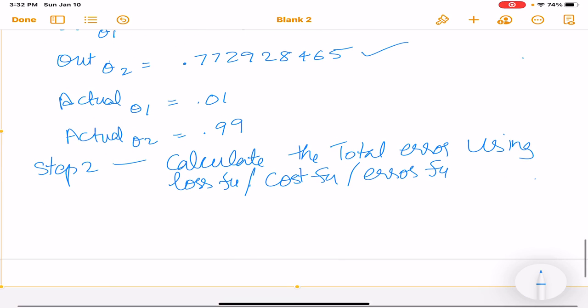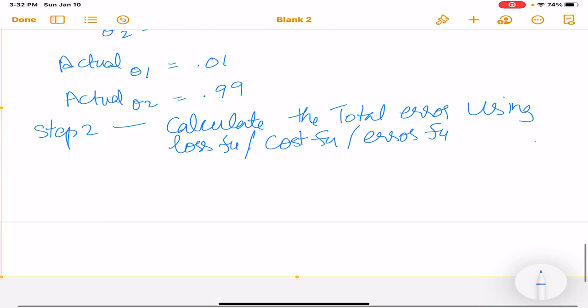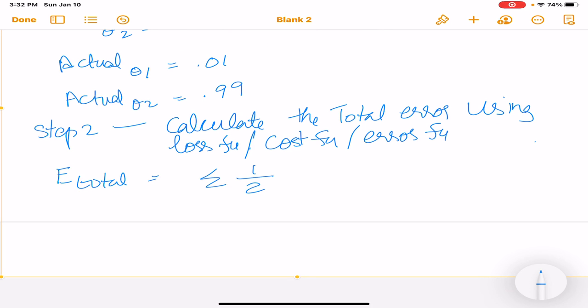We will use a simple cost function, which is the squared error function, that is E total is nothing but the summation of half into the actual value of my output minus the predicted value according to my network, the whole square.